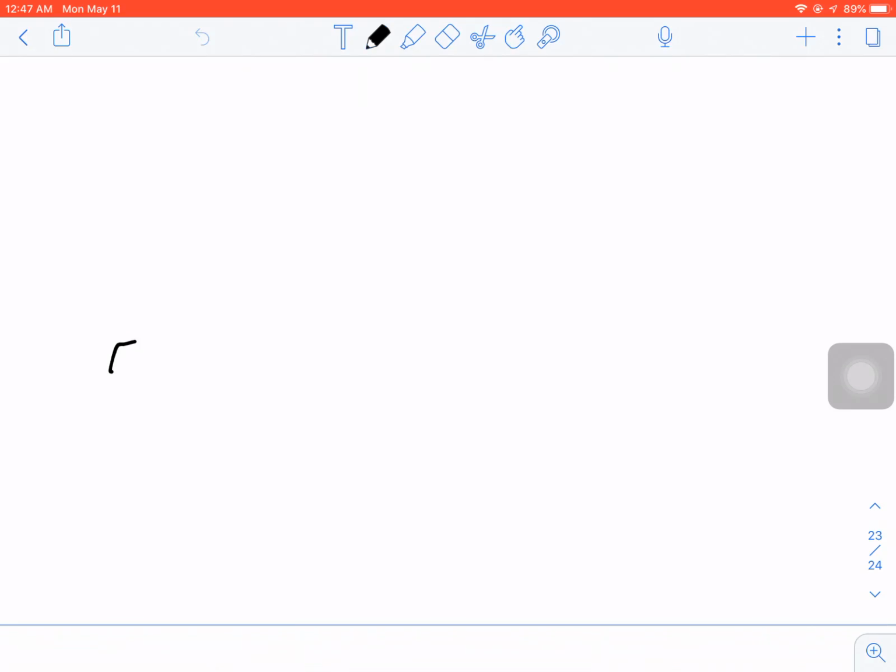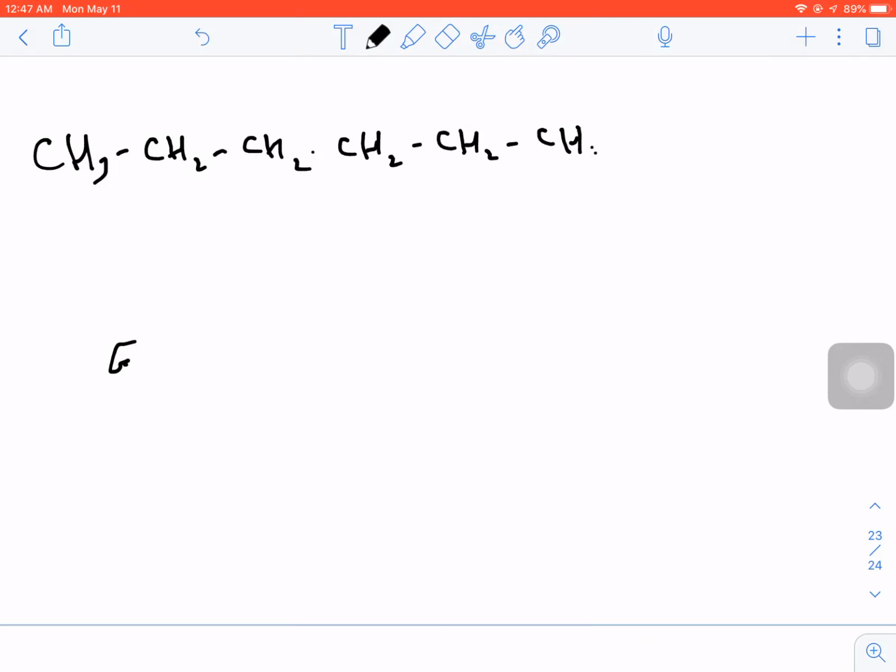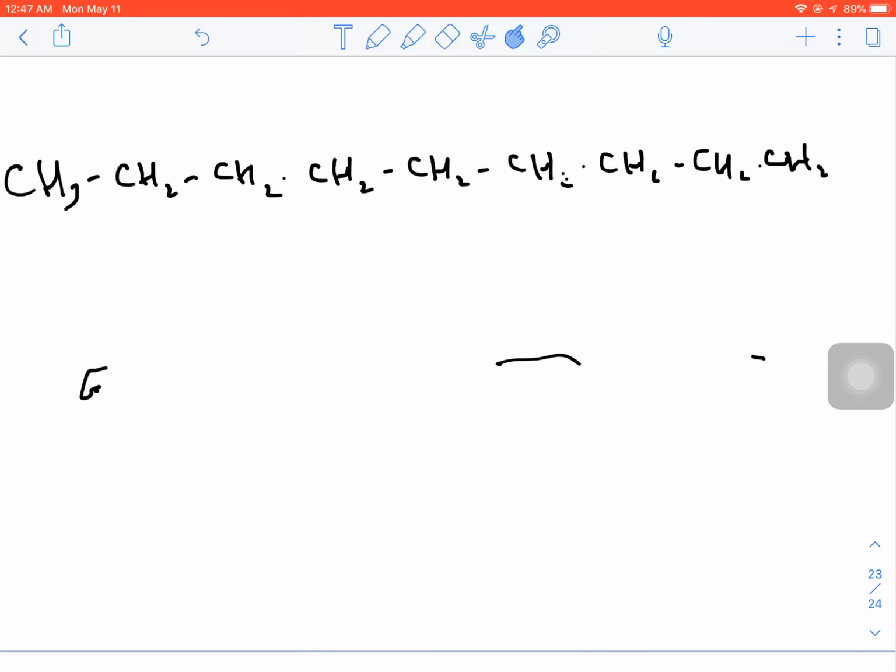Right? Decane is going to have 10 carbons. Remember, the first carbon has 3 hydrogens. The second one and all the other ones in between, 3 carbons, 4 carbons, 5 carbons, 6 carbons, 7 carbons, 8 carbons, 9 carbons, 10 carbons.